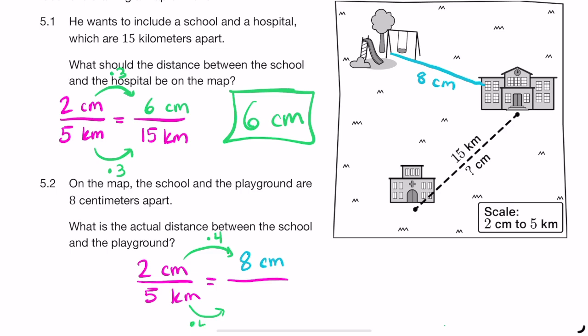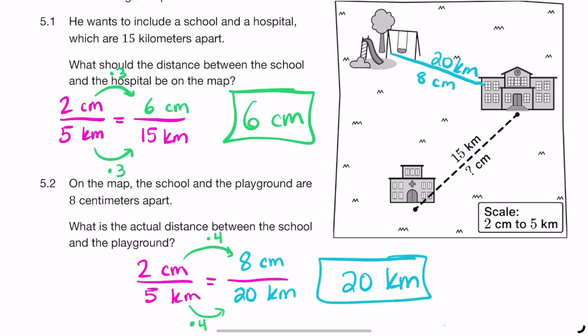So then I have to do the same thing on the denominator. 5 times 4 is 20. So I'm going to get 20 kilometers in real life. So you just set up that equivalent ratio, figure out what you're multiplying the numerator or the denominator by, and then multiply the other one by that same number.